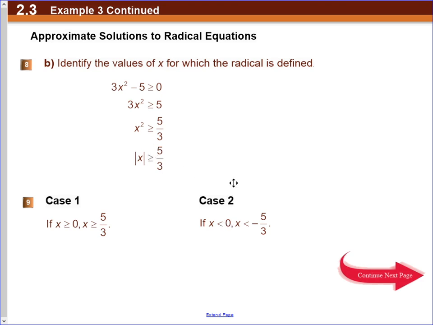But if x is less than 0, in other words, if x is a negative number, the square of that number will be positive, but the unsquared version has to be less than negative 5/3. And I know that's kind of confusing, but trust me, it's true, I guess.